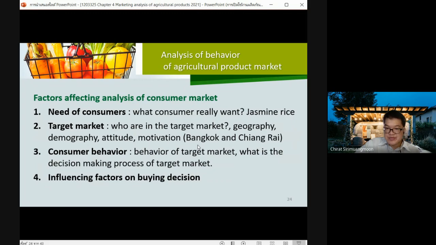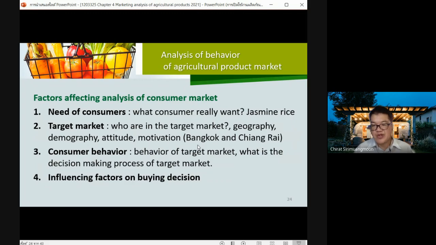sometimes one of the factors that you forget to consider is their experience. Some people from other provinces might have experience in growing plants, fruit or vegetables. It's not like you were born in Bangkok. So in this case, experience might affect the purchase of agricultural products.